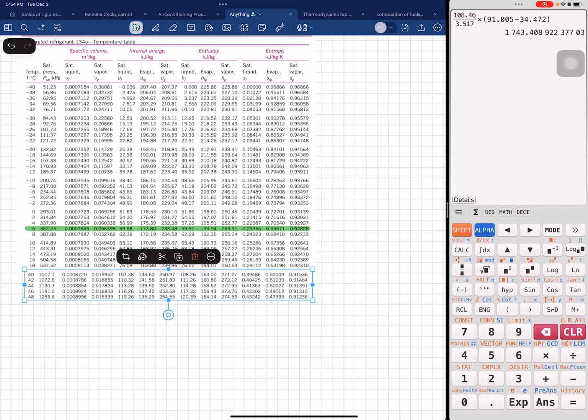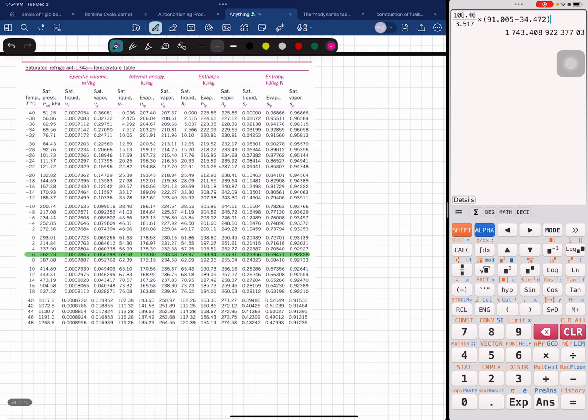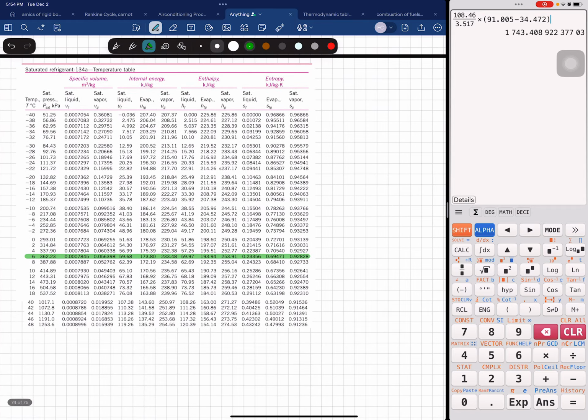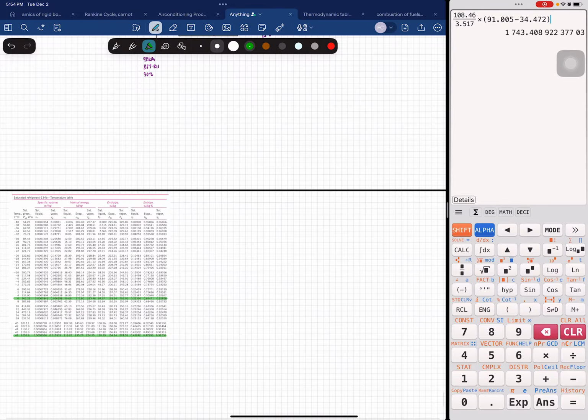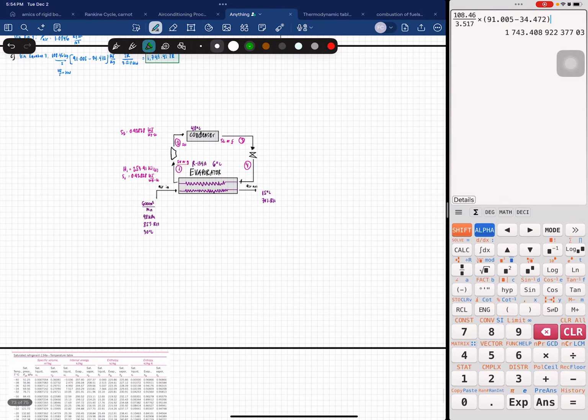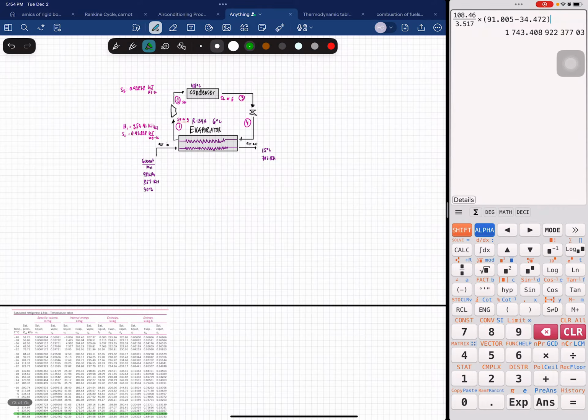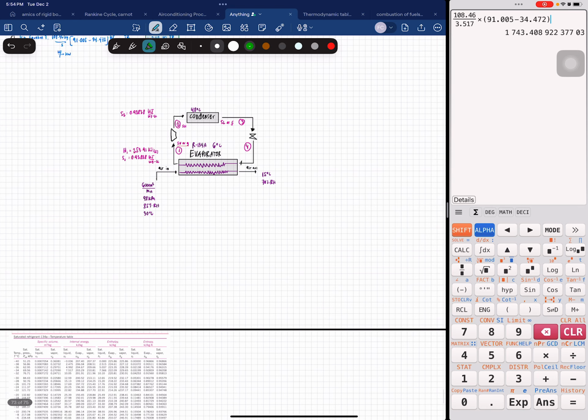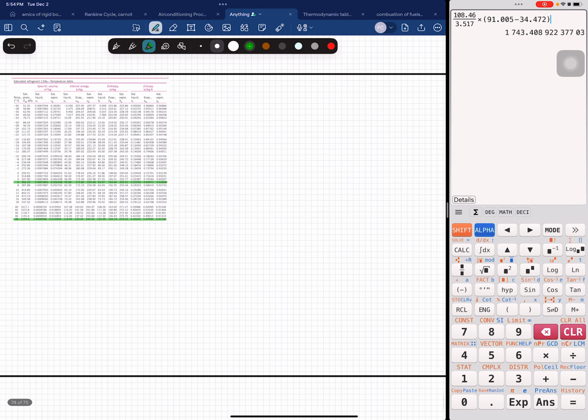Okay. So, around 48 degrees Celsius, we really can't find the superheated value. Or we can though interpolate it, but another easy way to do it is by using the quality method.